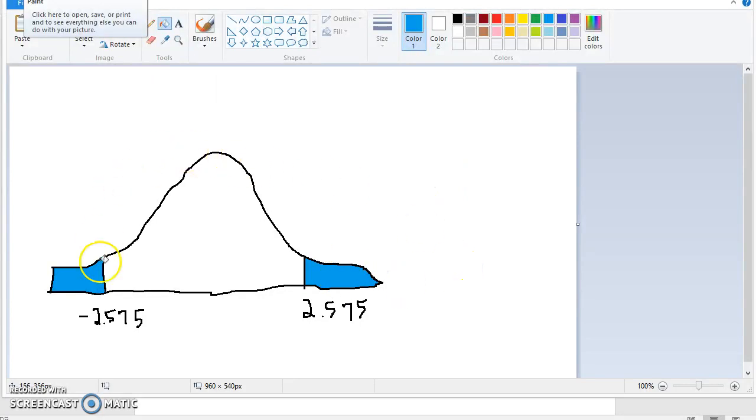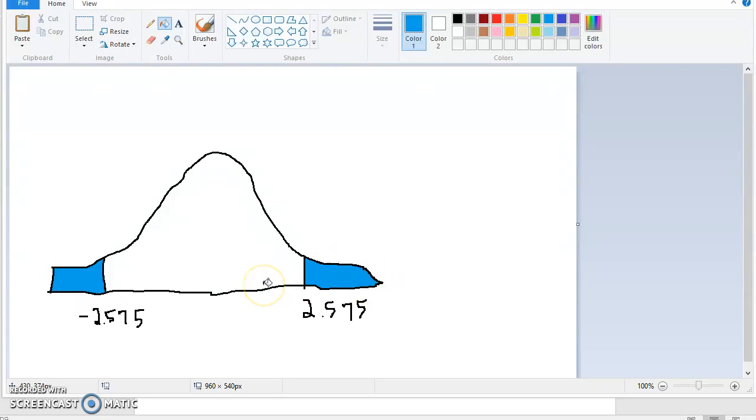So our rejection region is going to look like this. So our bell curve looks like this. And notice here's negative 2.575. And over here, by symmetry, we're going to have another region, 2.575. And we're looking for anything to the left of negative 2.575 will be rejected, and anything to the right of 2.575 will reject the null hypothesis.